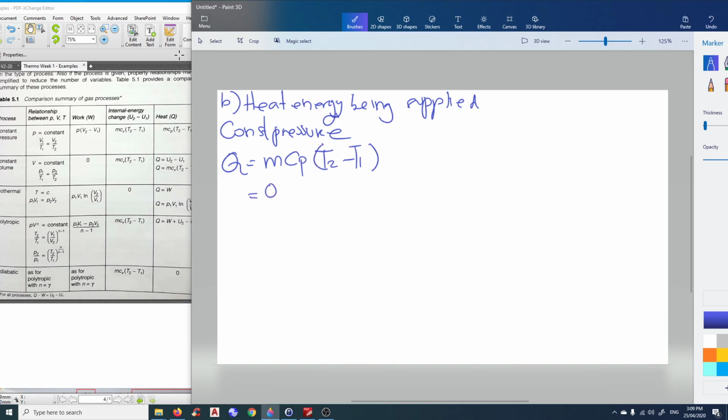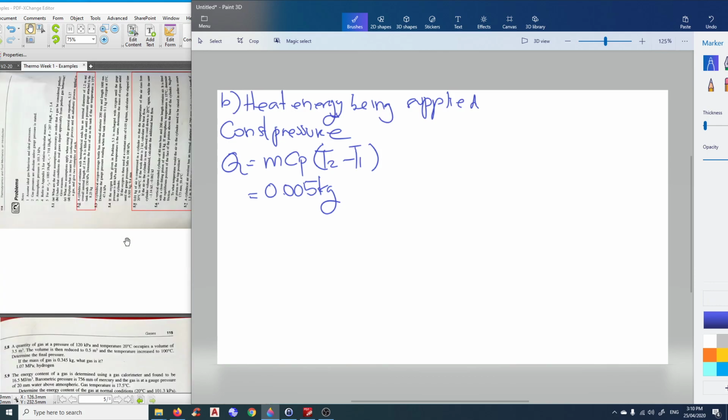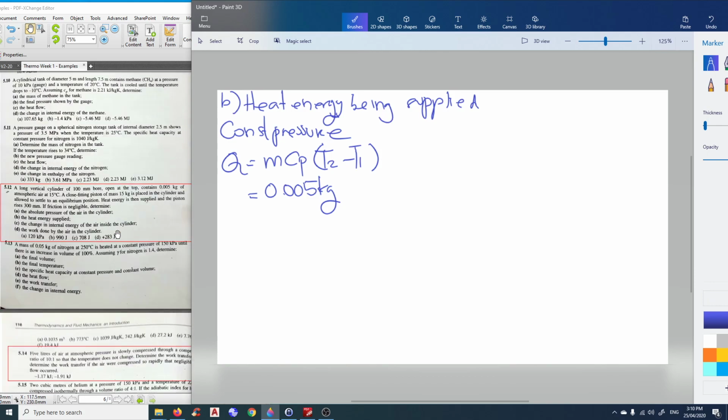Again, mass of the air 0.05 kilo. Now Cp of air, if you look on your formula sheet, is 1005 joule per kilogram Kelvin. Pay attention on this.